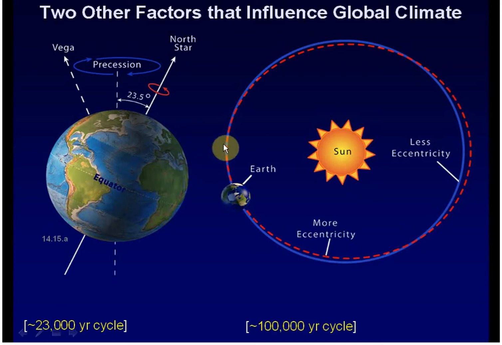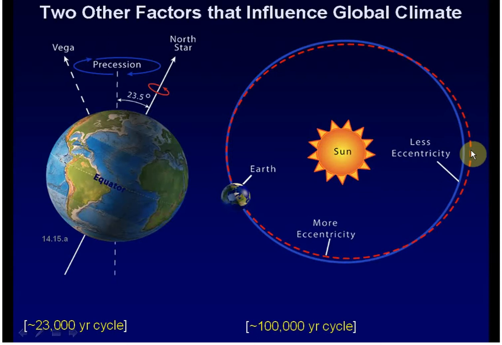A further one has to do with how the shape of Earth's orbit changes on a 100,000 year cycle with respect to the Sun. The orbit moves from being less eccentric, more circular, to more eccentric and more oval. When it's more oval, the Earth at times is further from the Sun.